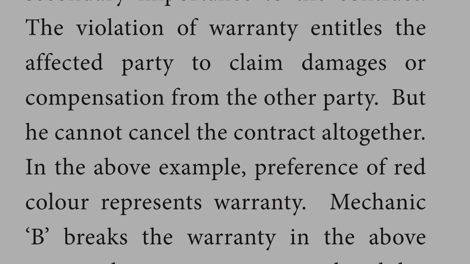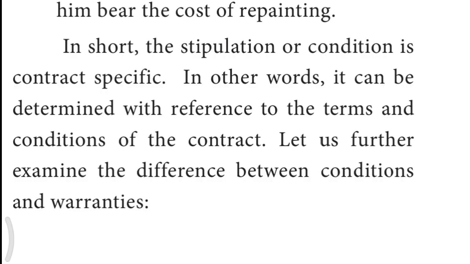You go to the service shop and tell them that I got 1 year warranty, you have to change and give me. If that particular company is not doing that, you can claim damages from them for not performing the warranty. But the sale is not cancelled. You have bought the phone already, so the sale won't be cancelled. So that's the difference between a condition and a warranty.